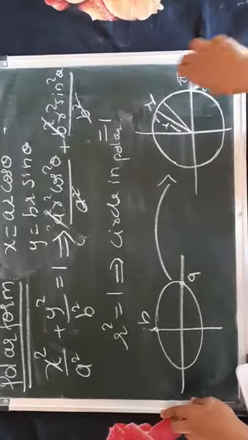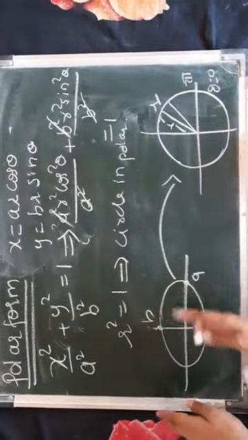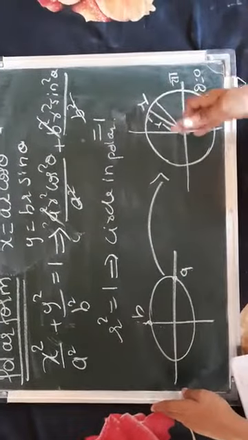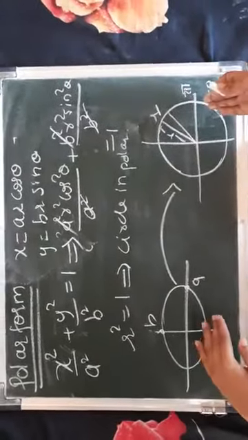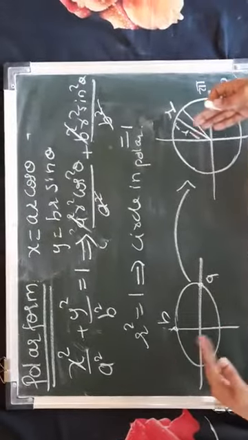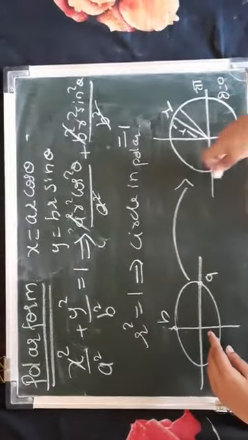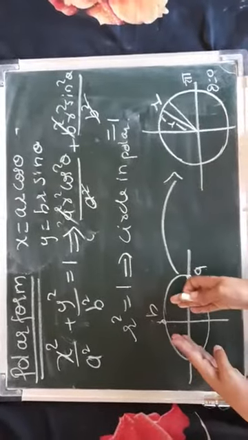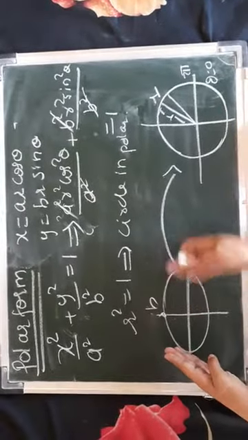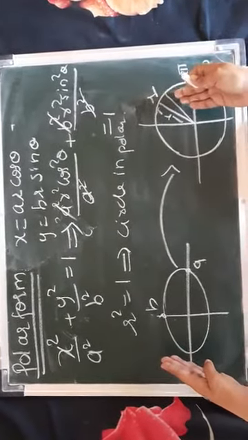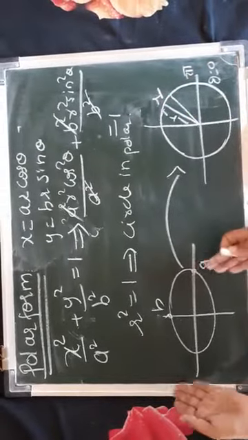So the circle will be completed entirely. If it is only part of the ellipse, then the limits will change, because the transformation is entirely a circle. If it is the part above the x-axis, then it will be a semicircle. If it is only the positive quadrant part of the ellipse, then it will be the positive quadrant part of the circle. So the limits will change according to what I have explained for the circle.